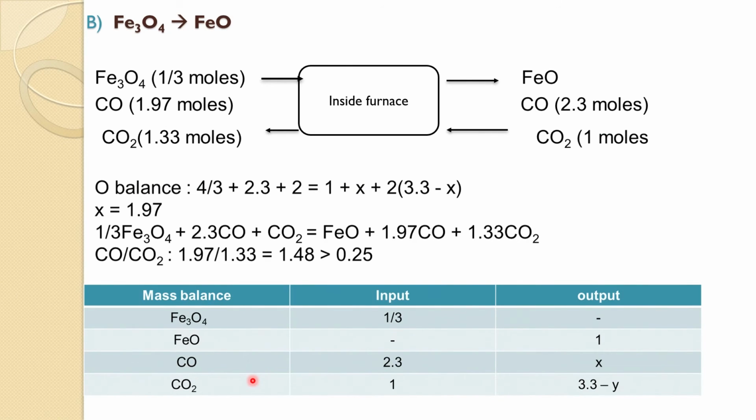And now we go from Fe3O4 to FeO. Again, CO2 is coming in from this side and magnetite is coming from the top, and the output of this is FeO and CO2. So, now again we have to do the oxygen balance. This we know, and now we have to calculate what we are going to get as the output of the gas.